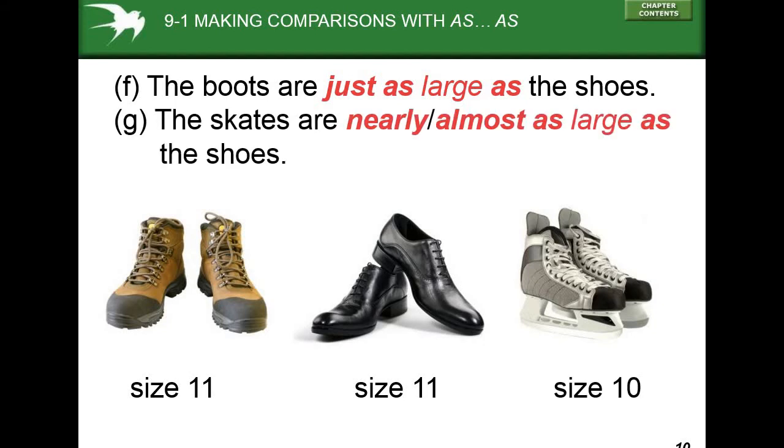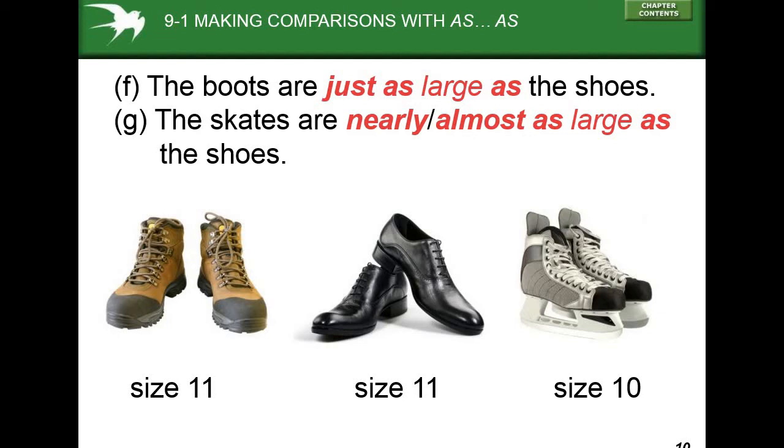Okay. So the boots are just as large as the shoes. Why? Because both the sizes are the same. When coming to the skates, they are nearly or almost as large as the shoes. Why?